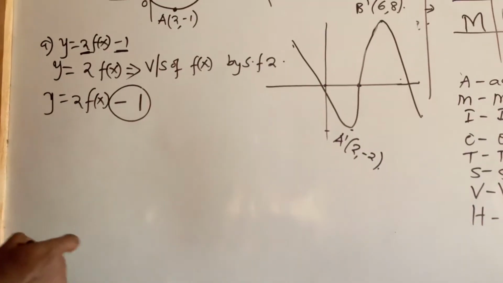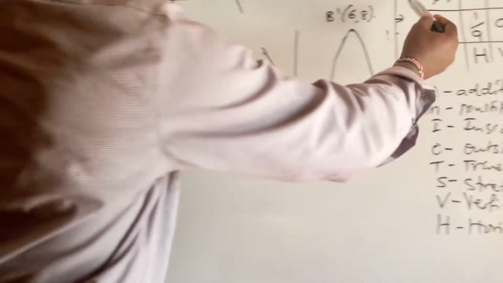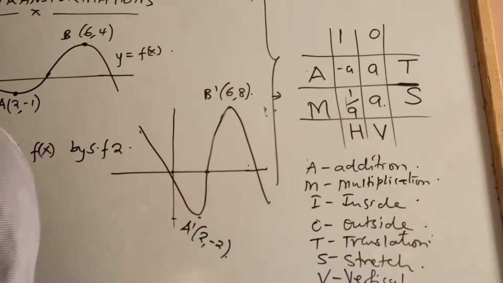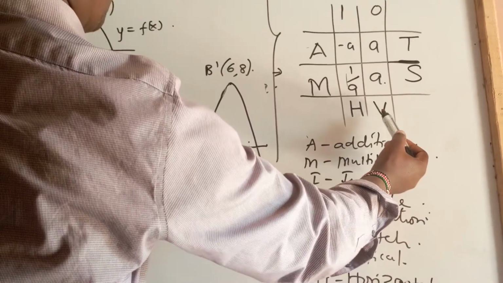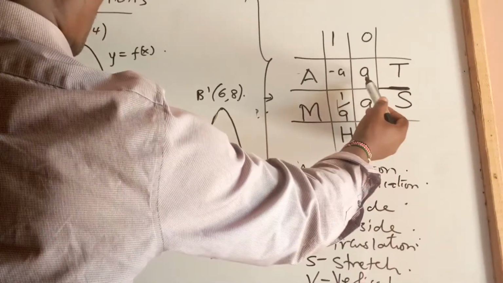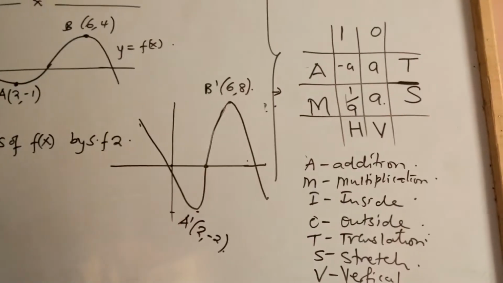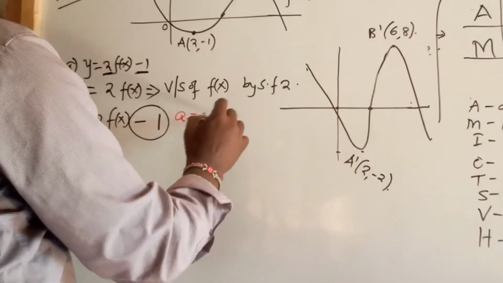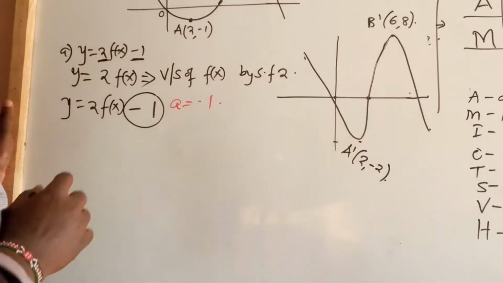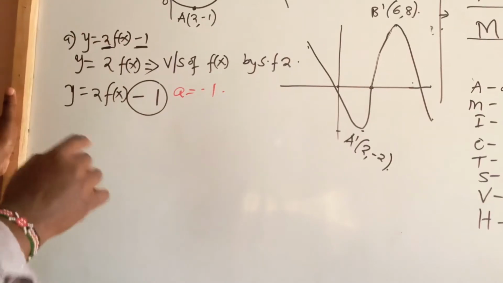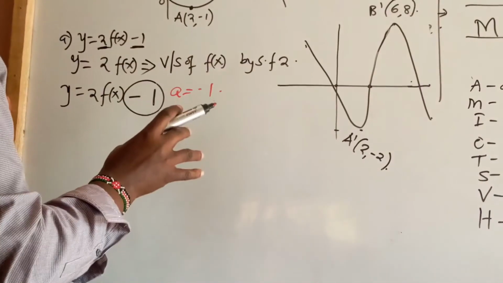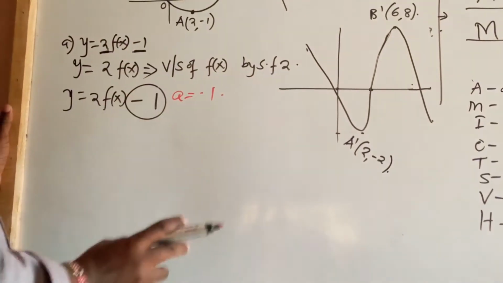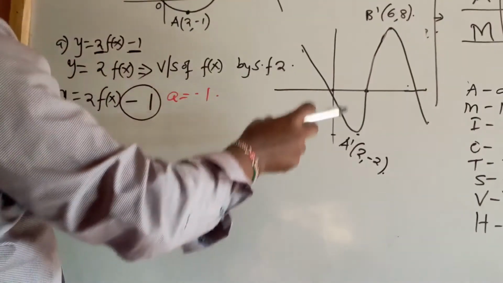Go back to the memo, talk about addition outside, which means vertical translation of a steps. And what is our a? Our a is -1. That means vertical translation of a step. Meaning that, again, vertical, we will focus on the y-axis only.